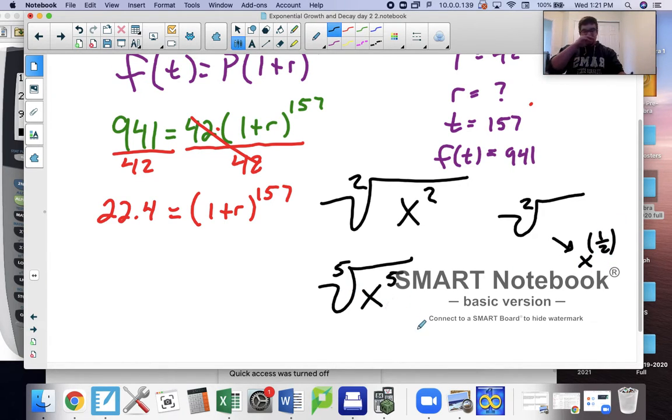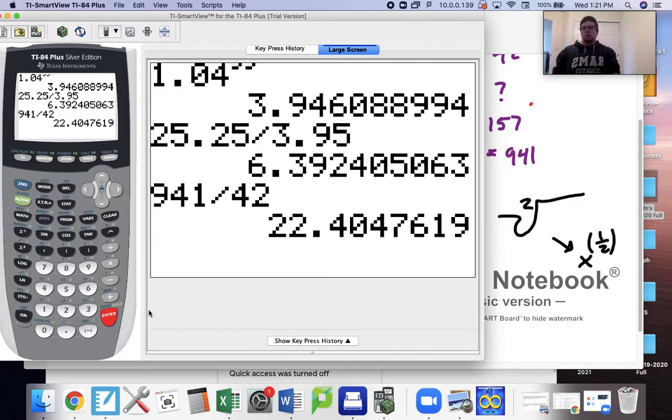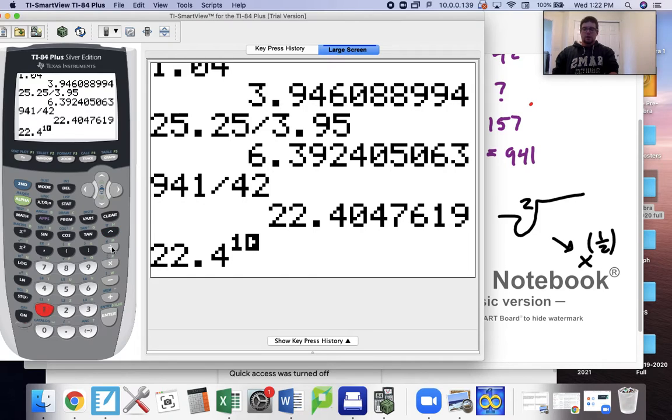The fifth root can be written as something to the 1/5 power. So we're going to take this number, 22.4, and literally raise it to the 1 divided by 157th power.